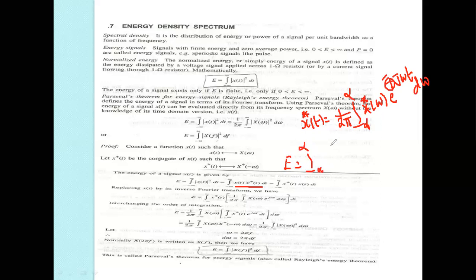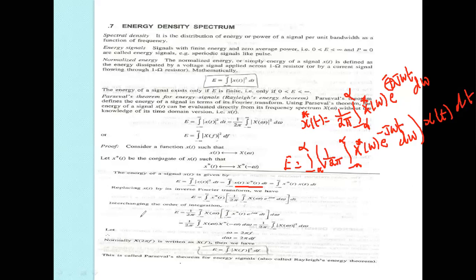The energy is equal to the integral from minus infinity to infinity of x of t, times 1 by 2 pi, the integral from minus infinity to infinity of x conjugate of omega e power minus j omega t d omega, as x conjugate of t. Another x of t is there. Got it, my students? Then dt.